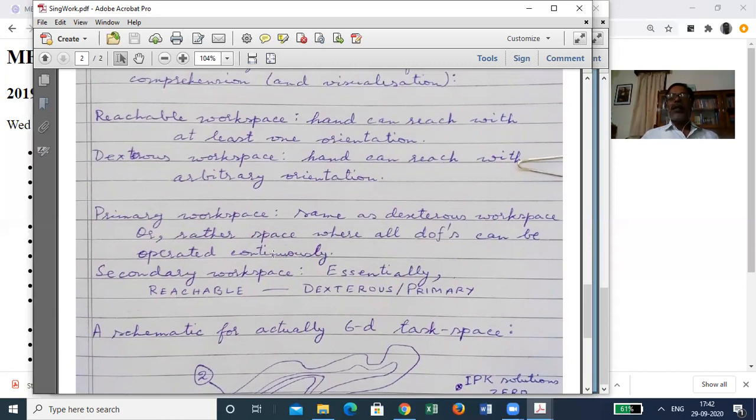Now, this definition, primary workspace as the region where all degrees of freedom can be operated continuously, frees the concept or the definition from this business of arbitrary orientation.